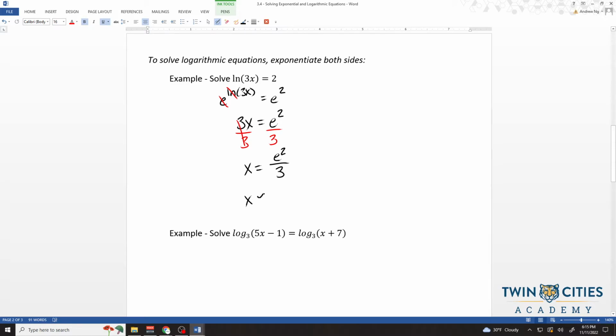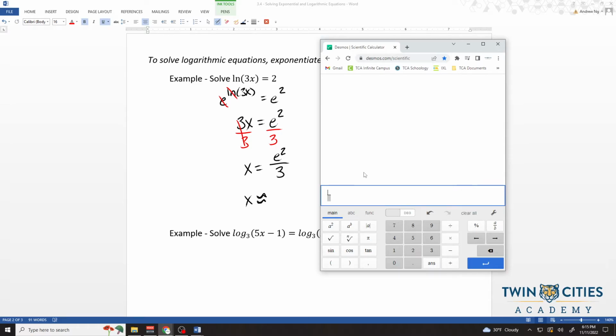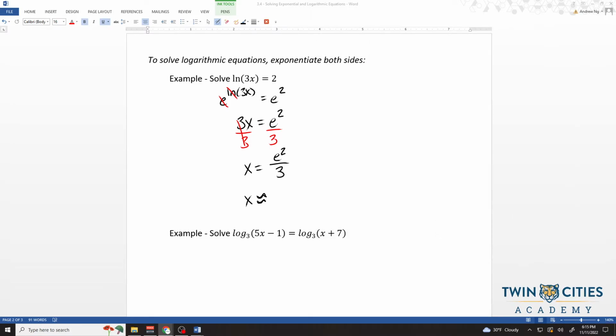So x is roughly, okay, let's plug that in and find out. The top part is going to be e squared. Second part is going to be 3. So e to the second power over 3 is about 2.46. So x is about 2.46.